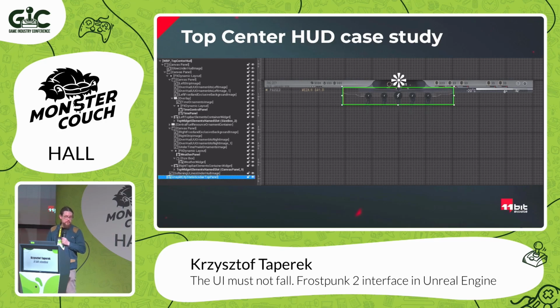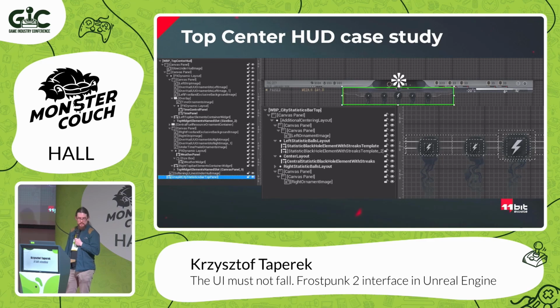For example, this panel, PX city status panel, is implemented in the code almost entirely because it was just easier. In Blueprint we are implementing only the visual part of the logic, and there is a hierarchy for that widget. It's not that nested, but probably still not the best for Unreal.